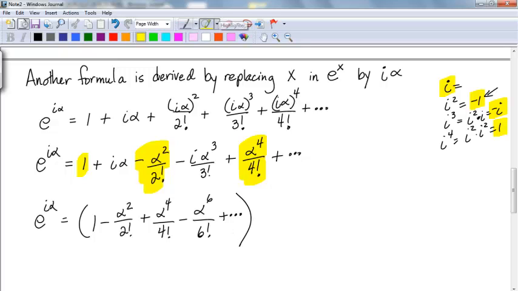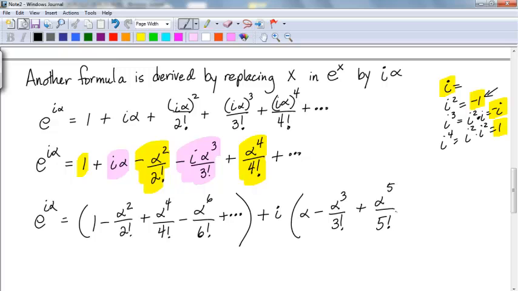And then go every other term up here and factor out an i. You'd have plus i times alpha minus alpha to the 3rd over 3 factorial plus alpha to the 5th over 5 factorial minus alpha to the 7th over 7 factorial, and then plus dot dot dot.